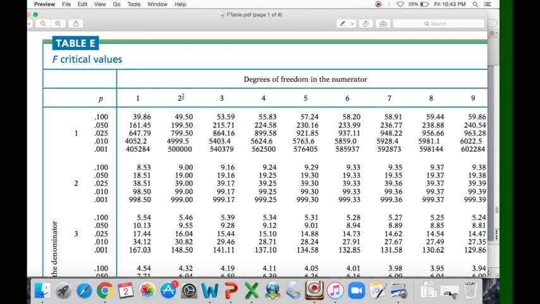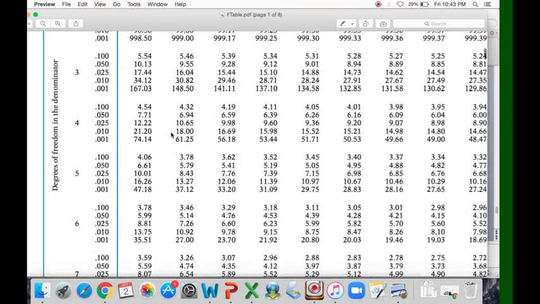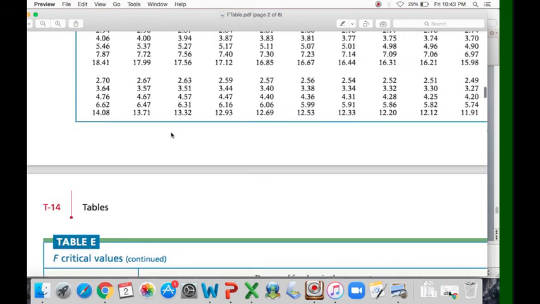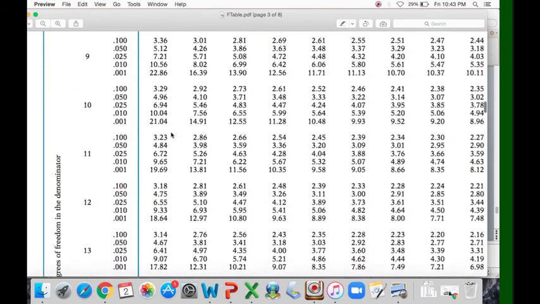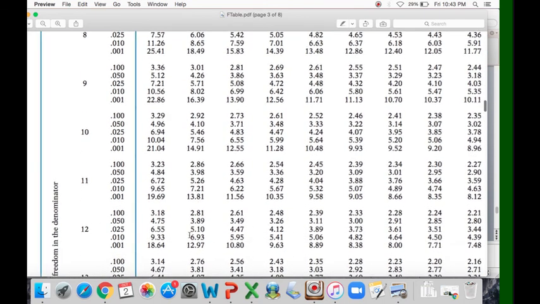Okay, now we will look for the denominator. The denominator is 12, so we will look here in this side. Okay, that's it. I already saw 12. And then where's 2? We have 2. Okay, so these are the 2 and 12.